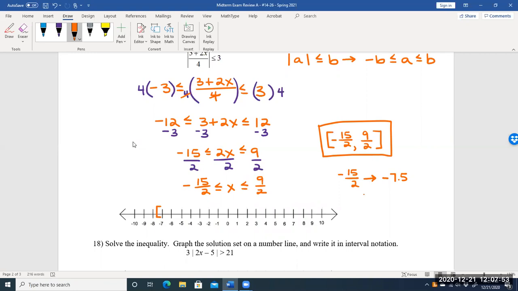And then 9 over 2 as a decimal is 4.5. And so 4.5 would be here in between 4 and 5. And then I will shade in between. Feel free to use brackets on the number line, or you could use solid dots to show that those endpoints of the interval are included.